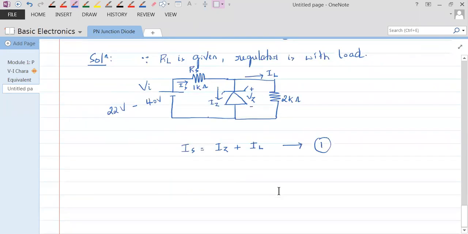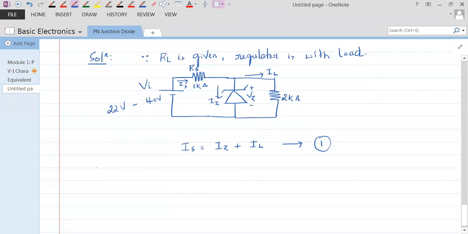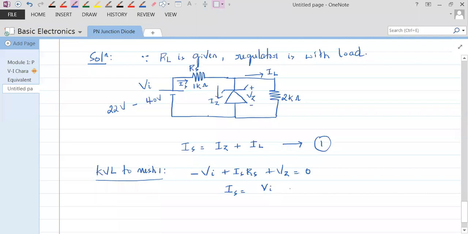Then KVL to mesh 1 gives minus VI plus IS RS plus VZ equal to 0. We can write IS as VI minus VZ divided by RS. We call this equation number 2.